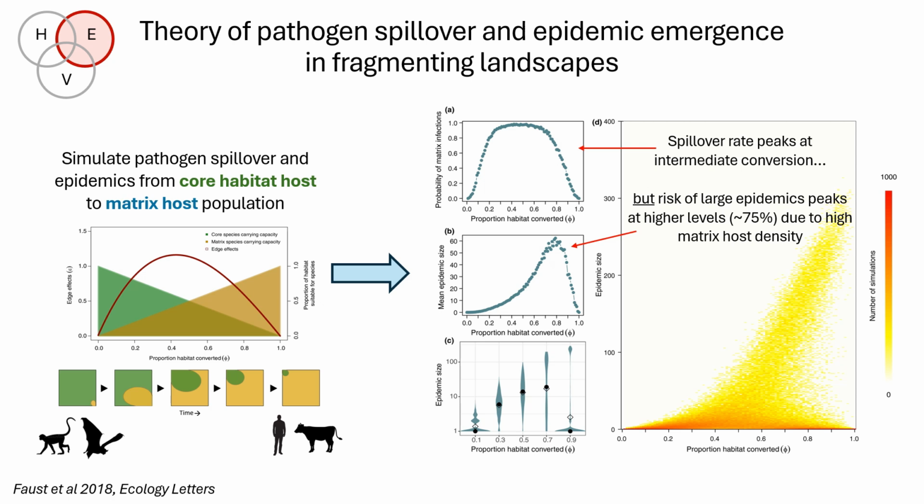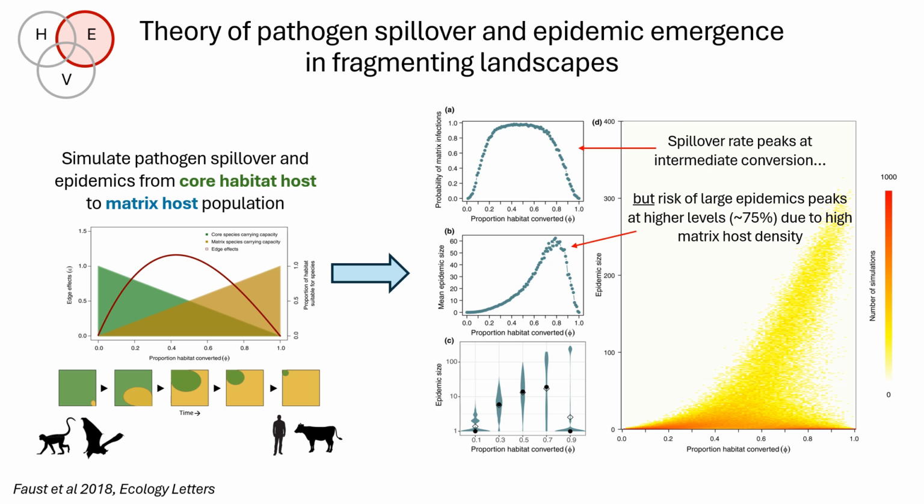And the theoretical modeling that they did to demonstrate what this might mean for emergence was to show, up here on the top left, that the probability of spillovers occurring from the forest population into the human population, what they call the matrix population, peaks in that interim point where you've got the highest level of edge effect.